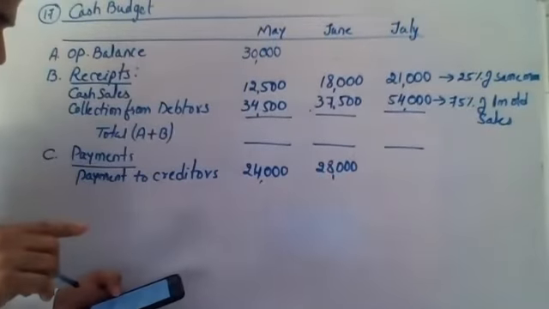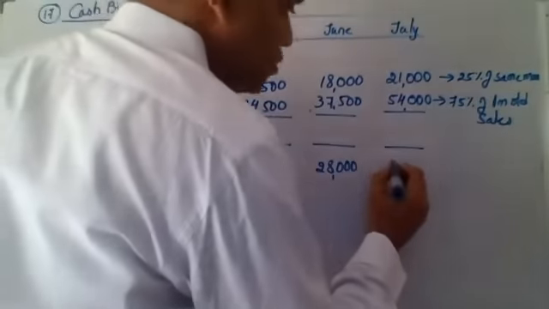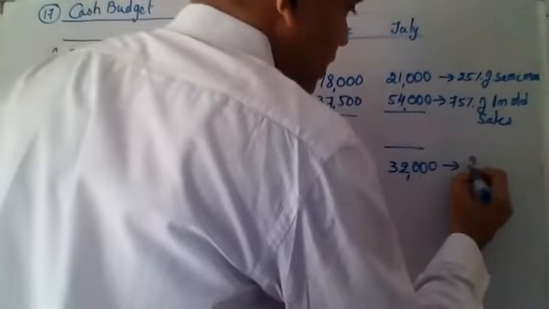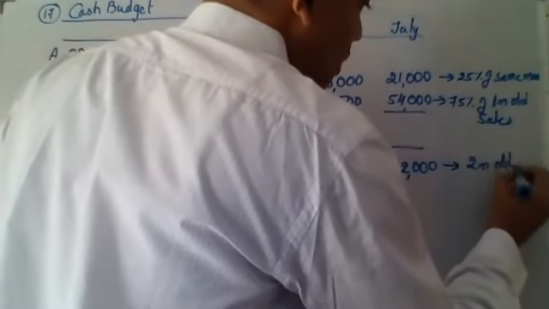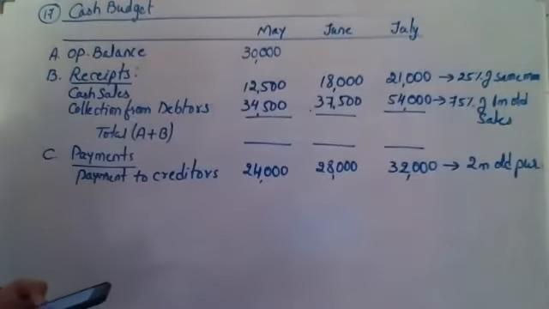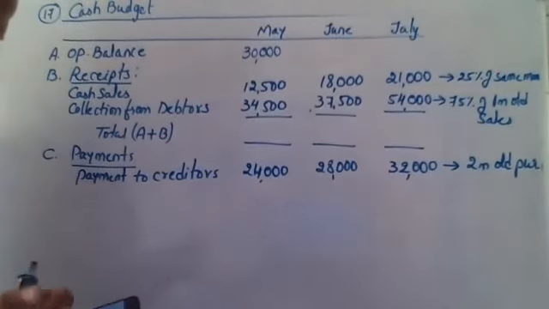May 32,000 I will pay in July. So I am writing a hint for you: it is 2 months old purchases. Why am I saying 2 months old purchases? Because you told me that your suppliers are giving 2 months time to you.